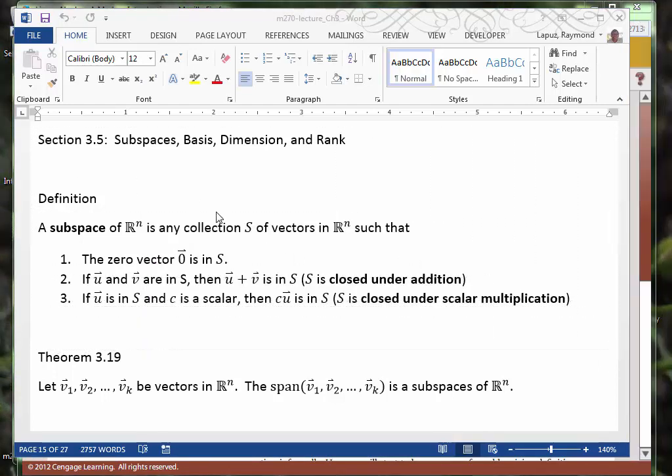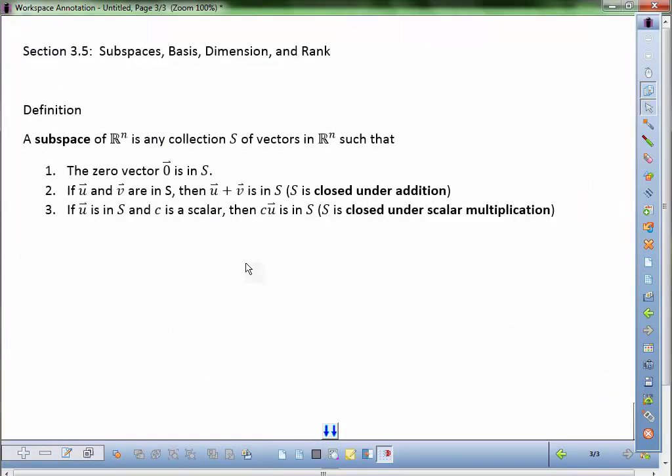Let's start off with a definition of a subspace. We're looking at Rn, R2 or R3, and we're going to define a subspace. A subspace of Rn is any collection S of vectors in Rn such that it has to satisfy three things. One, it has to contain the zero vector.